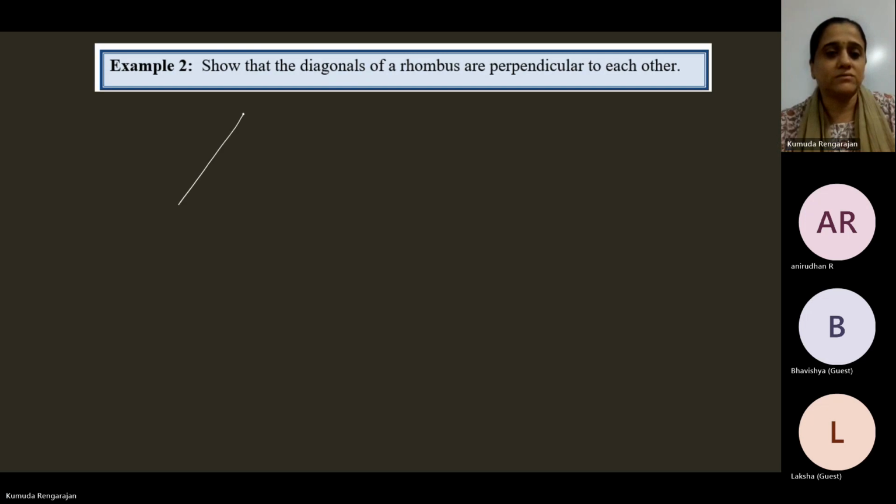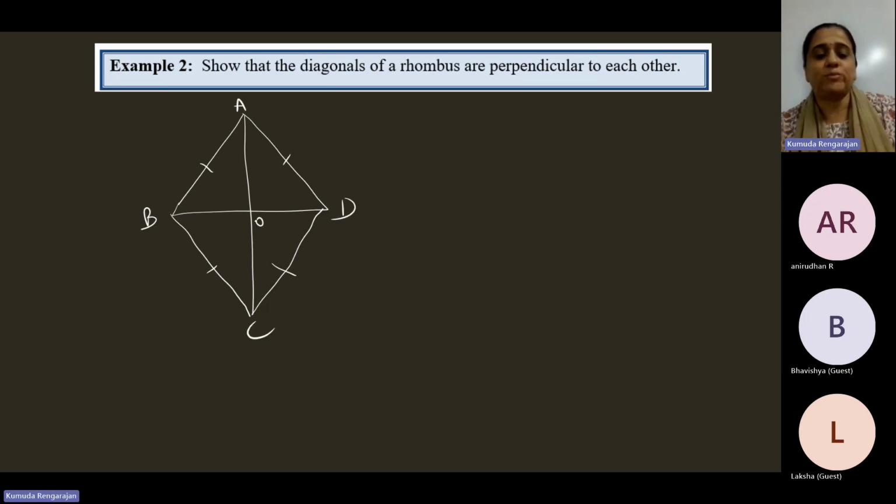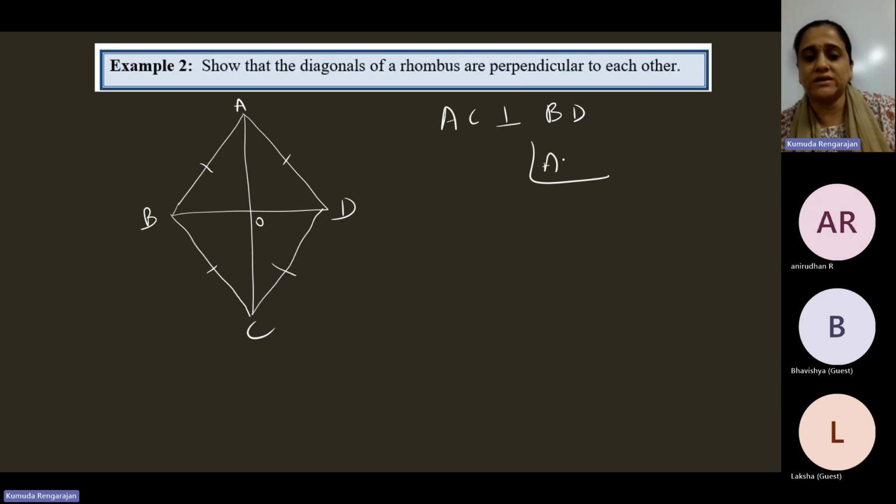So in a rhombus, all sides are equal. We need to prove that AC is perpendicular to BD. That is, we need to prove that angle AOD is 90 degrees.